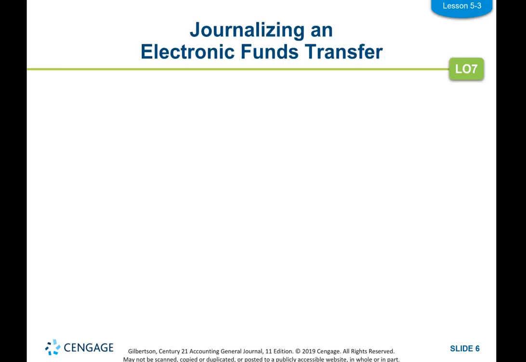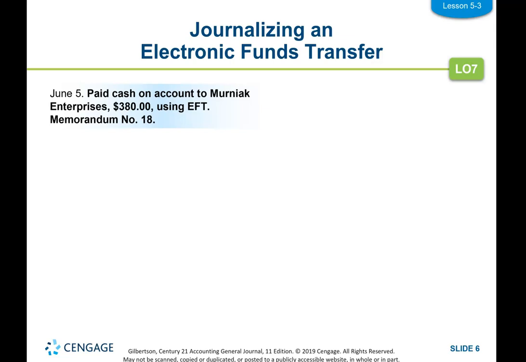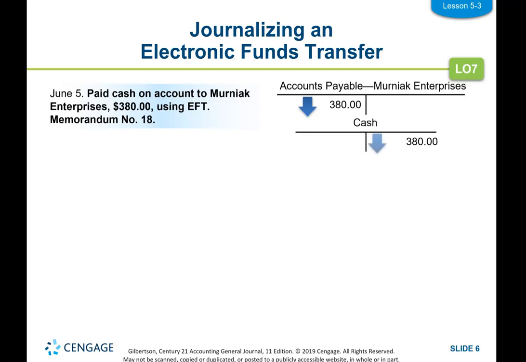So to record that, let's say we paid cash on account to Murniak Enterprises in the amount of $380 using an electronic fund transfer, and we record that on a memorandum. So the accounts payable has a decrease of $380.